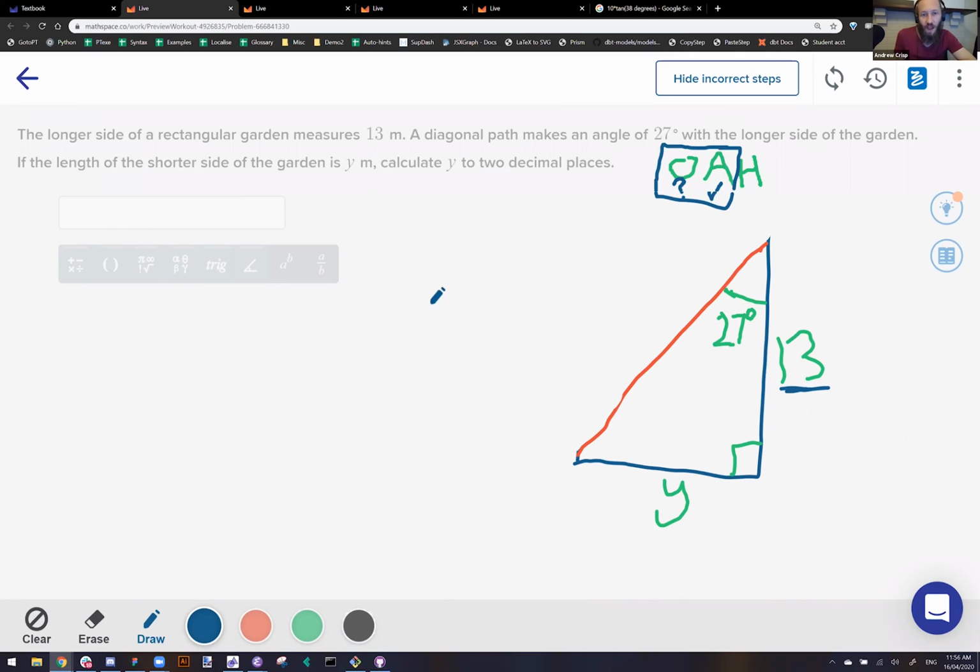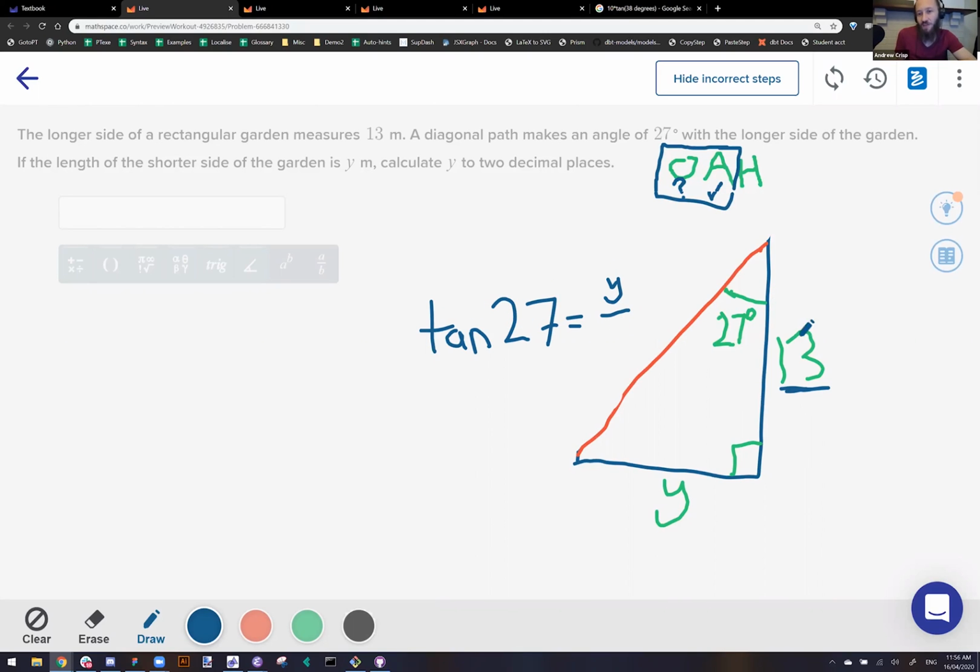So I write it out. Tan of my angle that I know, 27, equals the opposite, y, over the adjacent, sorry, TOA.